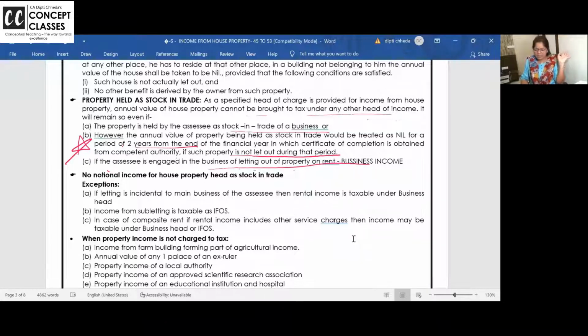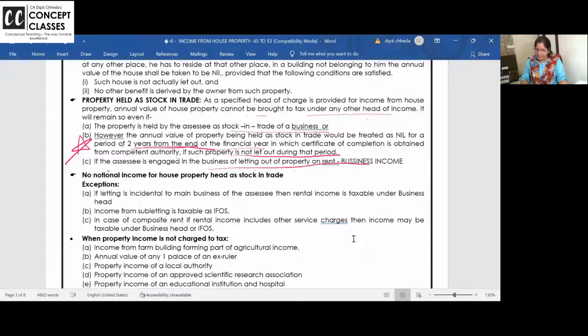Rental income is taxable under house property. However, annual value of property held as stock in trade would be treated as nil for a period of 2 years, underline it, from the end of the financial year in which the certificate of completion is obtained from the competent authority, if such property is not let out during that period.